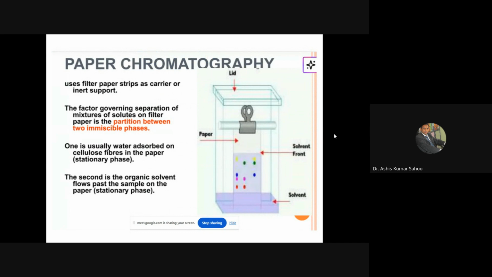Separation is governed by partition between two immiscible phases, so we can see the colors. In the lower part of the paper, we have given the mixture spots. When the solvent flows by capillary action, these spots will separate. We'll see this in a different slide.